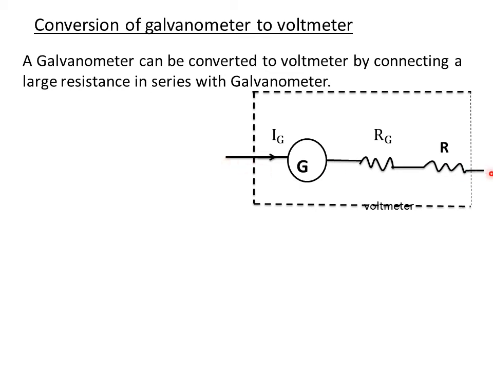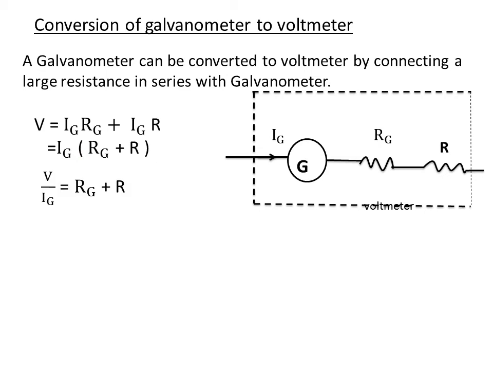If we give V volt across these two terminals, it will get divided among Rg and R. So we can write V is equal to voltage across Rg plus voltage across R, that is Ig Rg plus Ig into R. Taking Ig outwards, we have V is equal to Ig into Rg plus R. V by Ig is equal to Rg plus R. R is equal to V by Ig minus Rg. So this is the value of resistance that must be connected in series to the galvanometer to convert it into a voltmeter that reads up to V volt.